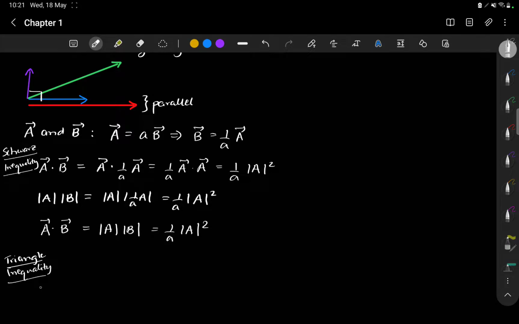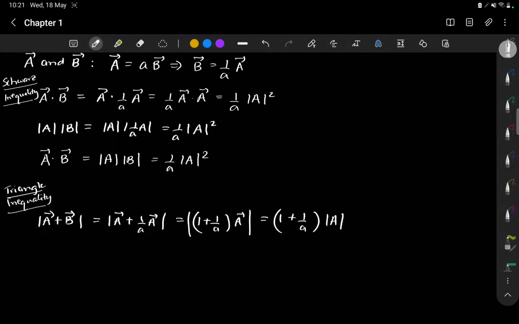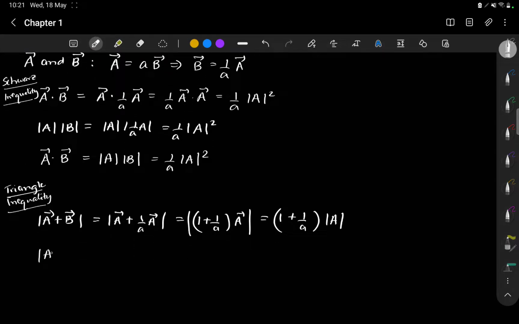The left hand side of the triangle inequality wants us to find the magnitude of the sum, and the right hand side wants us to find the sum of the magnitudes.